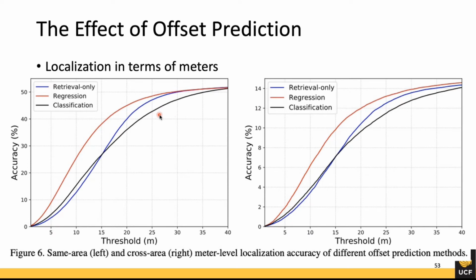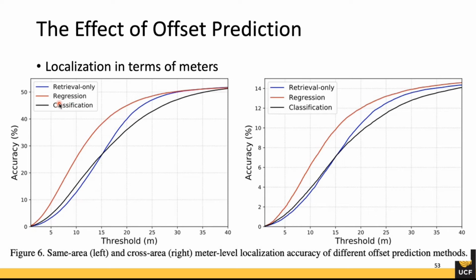We also evaluate the effect of this offset prediction, how accurately it is able to refine the final prediction. We compare with retrieval only, where you only do the retrieval and don't do the offset prediction. Our method, the red line regression method, is able to improve the performance, especially under low threshold settings.